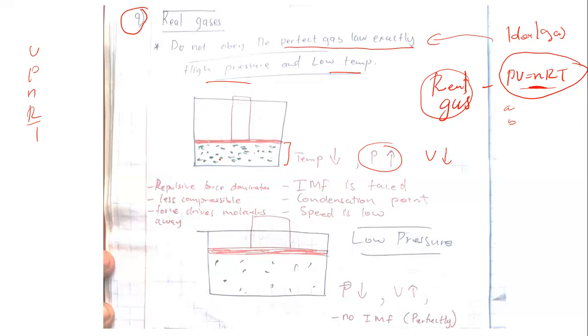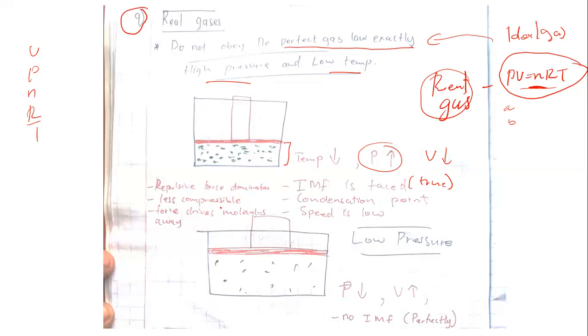Now, in this case, what do you see? We see that if we have a low temperature and high pressure, the intermolecular force is at play. There is a reason we say the intermolecular force is true, because repulsive force is less dominant.